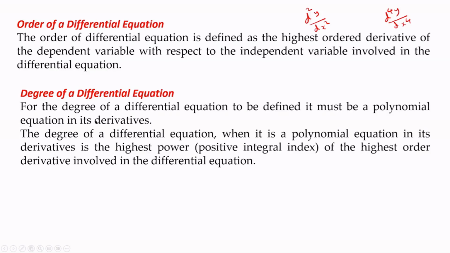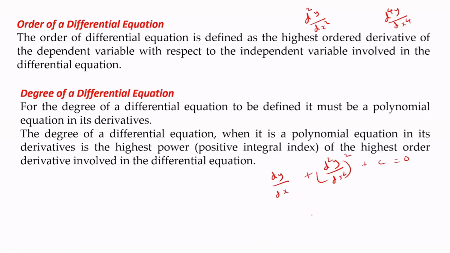And next we have degree of a differential equation. For the degree of a differential equation to be defined, it must be a polynomial equation in its derivatives. That is, it should be of the form dy by dx plus d square y by dx square, it can be even the whole square, plus some constant equal to 0. Only then is the degree defined.